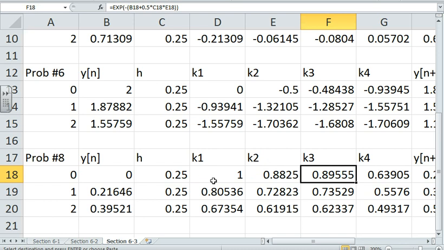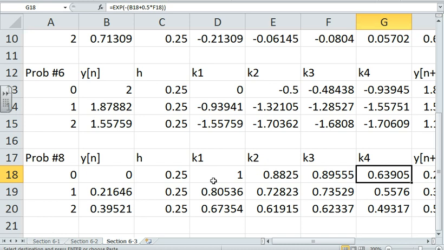Minus exponential minus h and minus y plus 0.5 h k2 minus b18.